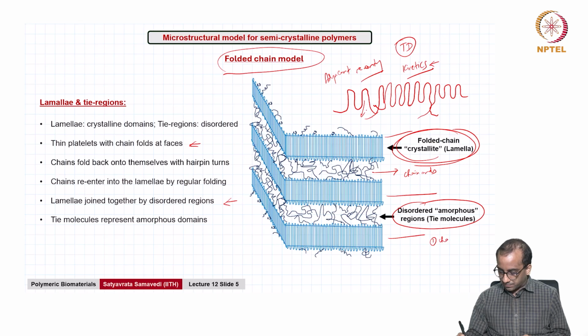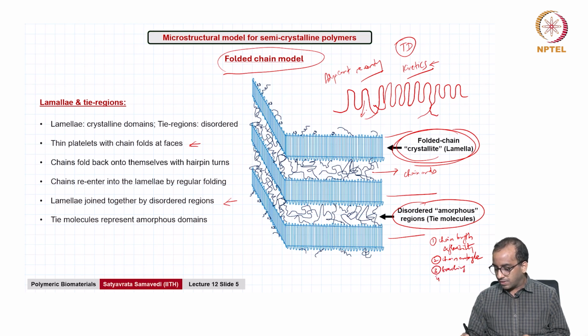One is chain length and flexibility, chain entanglements, branching, chain ends and defects.